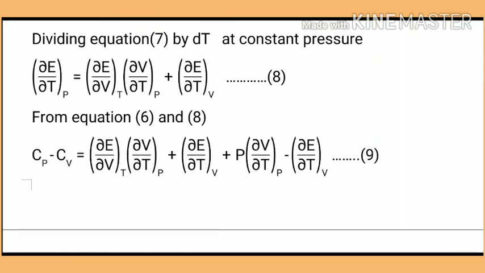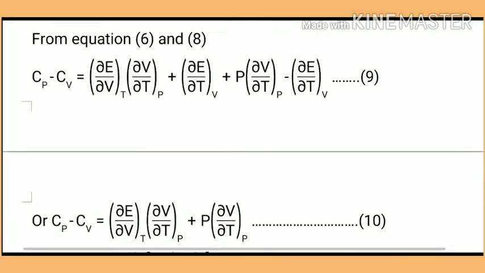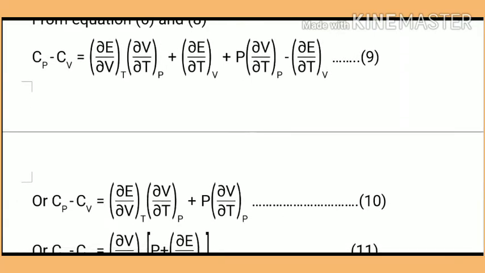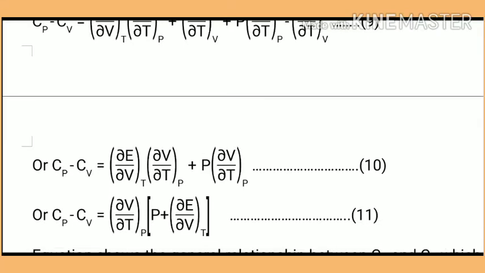And here ∂E/∂T at constant volume: one term is positive and one term is negative, so both terms cancel out, and what we get next is Cp minus Cv is equal to ∂E/∂V at constant temperature times ∂V/∂T at constant pressure, plus P ∂V/∂T at constant pressure.